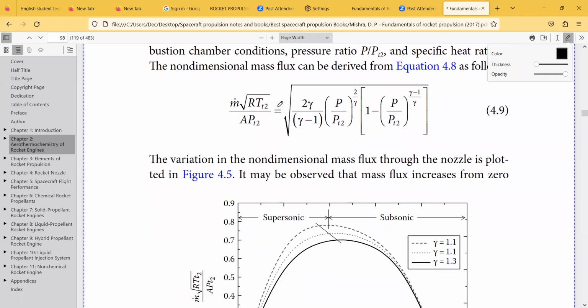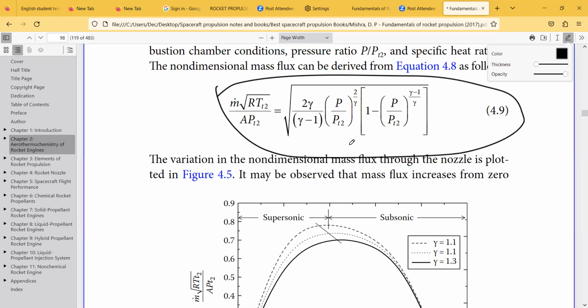So what finally we can get: m dot times radical of R T2 over area times P T2 is equal to the square root of 2 times gamma over gamma minus 1 times the pressure ratio at that position to the power of 2 over gamma, times 1 minus P over P T2 to the power of gamma minus 1 over gamma. So this is one of the important formulas.